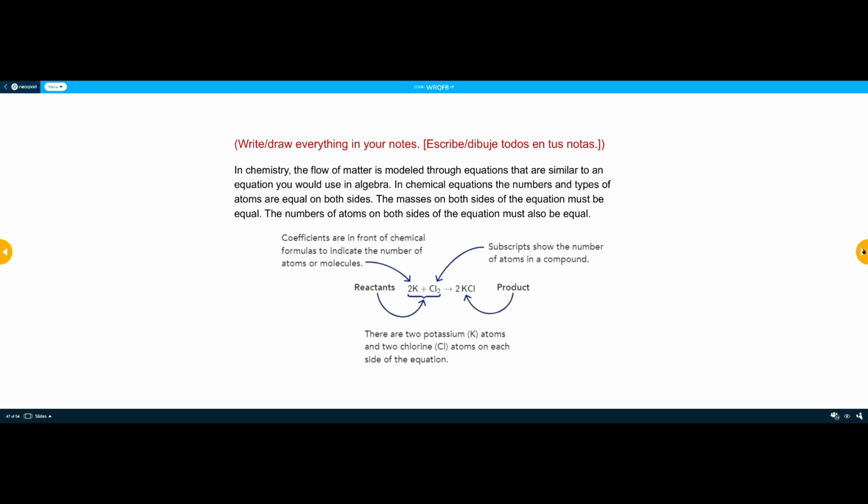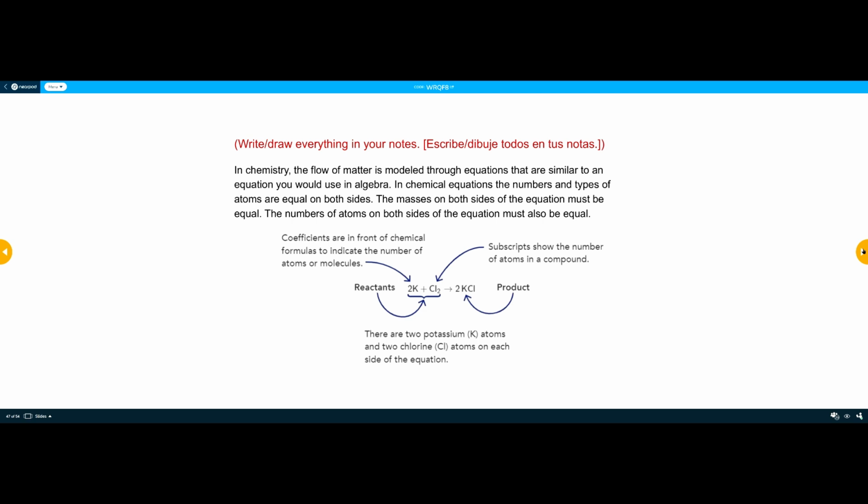There are a few ways that we do this. First off, I'm going to start with the right-hand top side, which talks about subscripts. Subscripts show the number of atoms in a compound. So we represent atoms using one or two letter abbreviations, such as in this example, the letter K stands for potassium, and the letters Cl stand for chlorine.